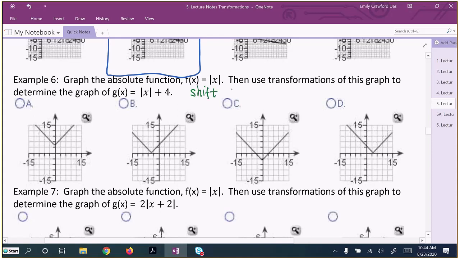Well, positive 4 is shifting up by 4 because the transformations of the y-coordinate are intuitive. We know that the graph of absolute value of x has this V shape and it sits on the origin. So we're looking for a V-shaped graph that is symmetric around the y-axis but just moved up by 4 units. That should be graph A.